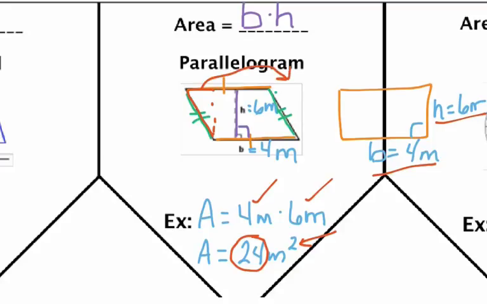Remember, this is imaginary. You have to do it mentally. And if we moved that over, now it looks like a rectangle. This rectangle would be also 24 meters squared.